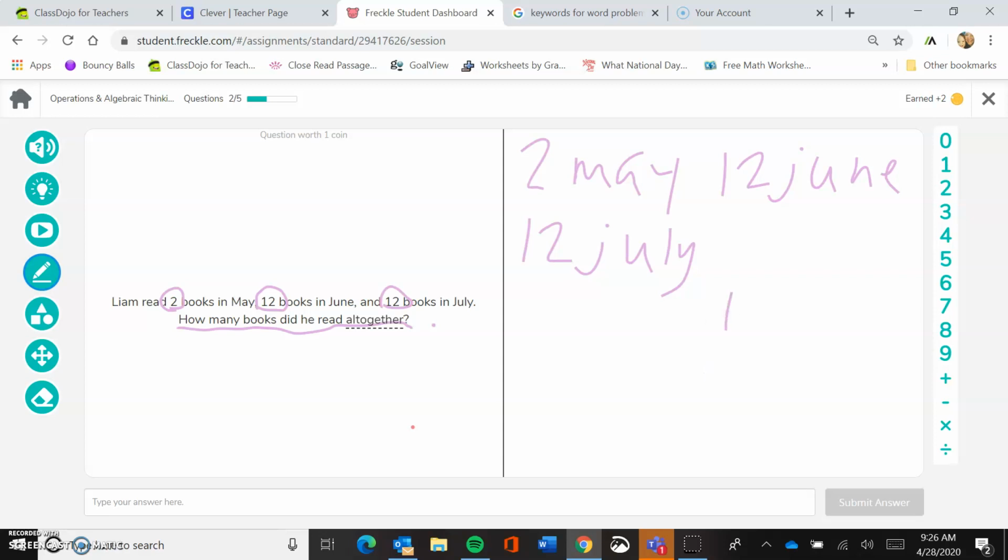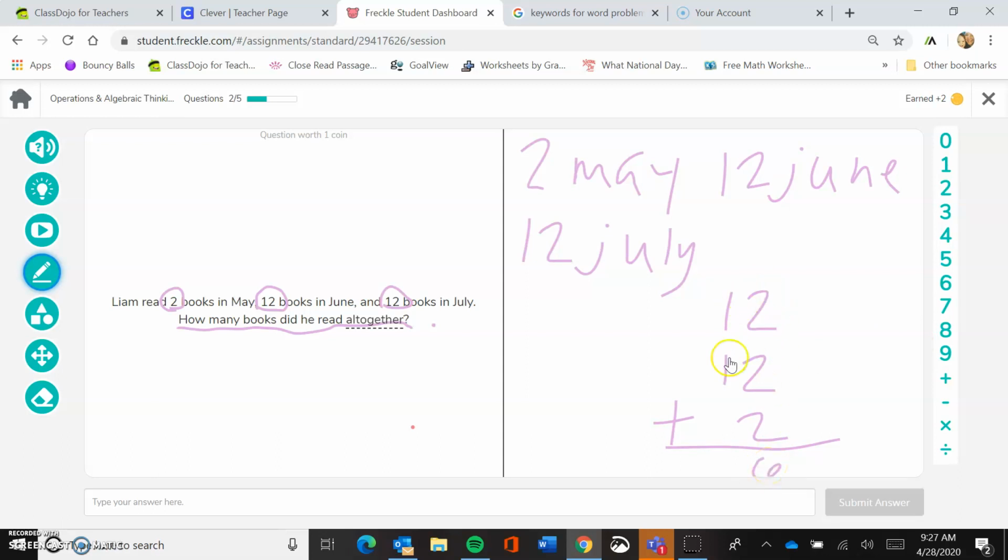So if you want to set yours up on top of each other, if that's easier for you, that's fine. However you want to do it, that's how I'm going to do it just for this example. So I'm going to put the larger numbers on top. So 12, 12, and 2. I'm going to add those numbers together. 2 plus 2 is 4, plus 2 more is 6.